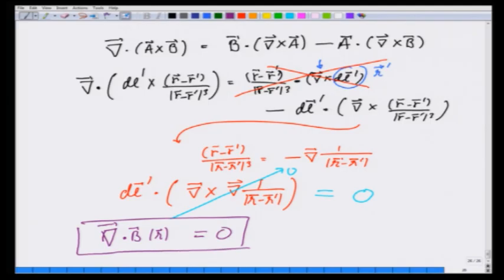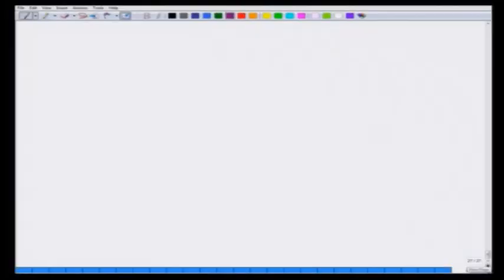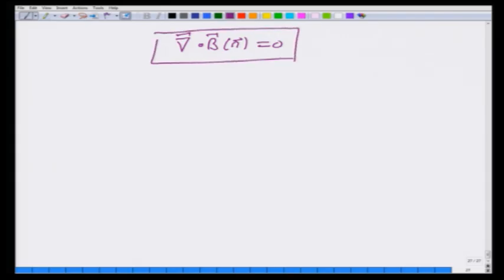This is a result we had anticipated in one of the previous lectures by looking at that there are no monopoles or there are no single sources of magnetic field. So, we find from the Biot-Savart formula that divergence of B at any point is always 0. This also means there are no independent sources or sinks of B. Let us see how does that happen.